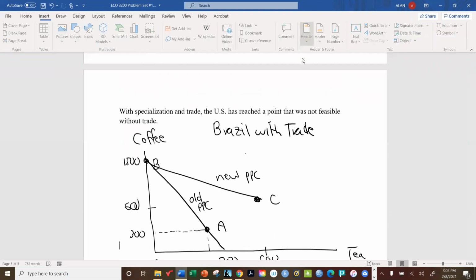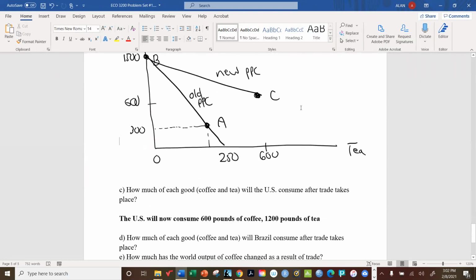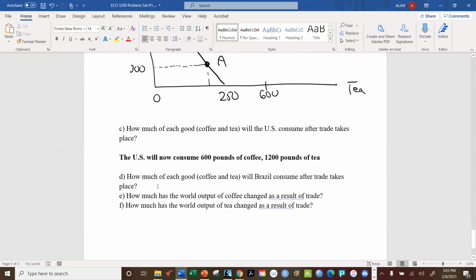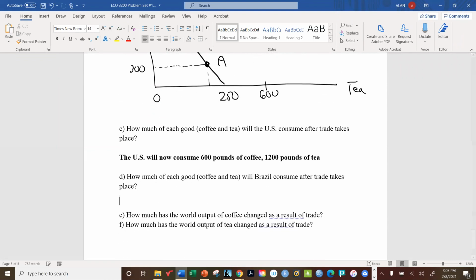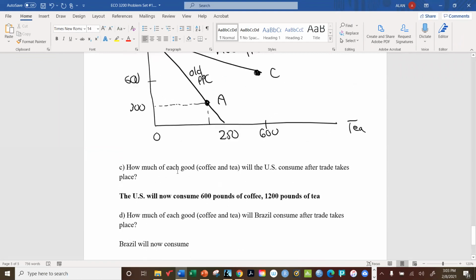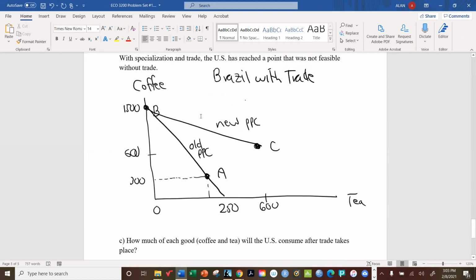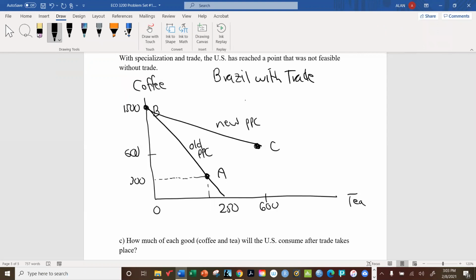And what we notice, and the question is going to be, how much are they consuming now? So Brazil will now consume, we have 600 pounds of coffee. Oh, wait a minute, I just realized, no, that's not right. This is supposed to be 900. You know why?